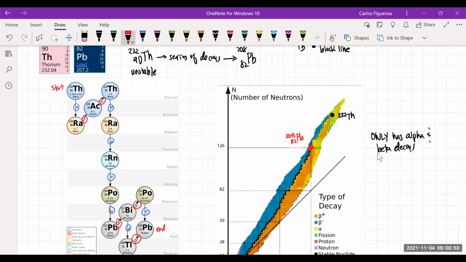It only goes to the blue and yellow, blue, yellow, blue, yellow, blue, yellow, like this. And so it's only between the turquoise and the blue region. And that's why alpha decays are very complicated, because of all these possibilities that can occur.